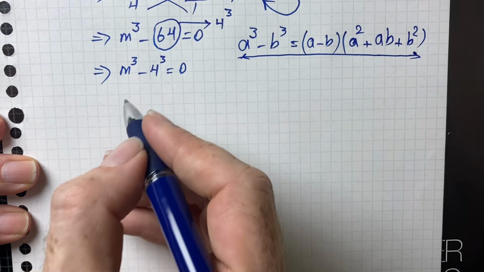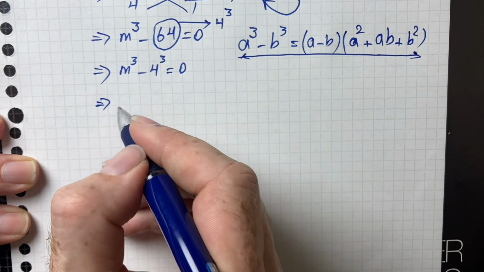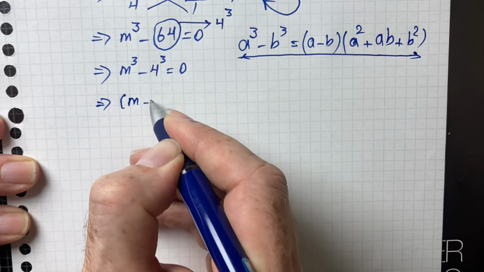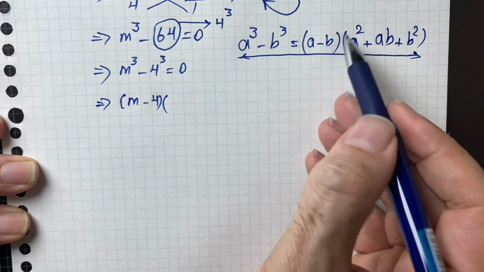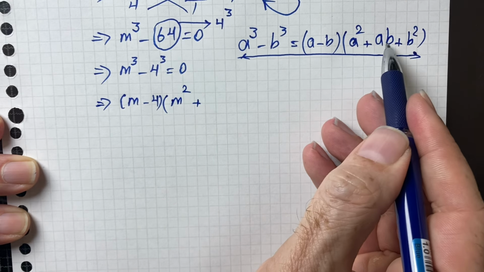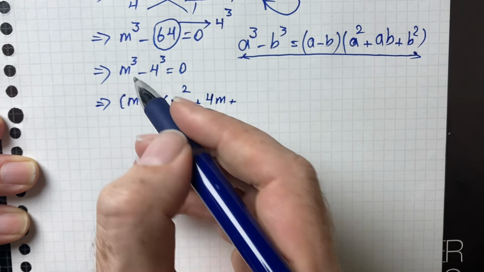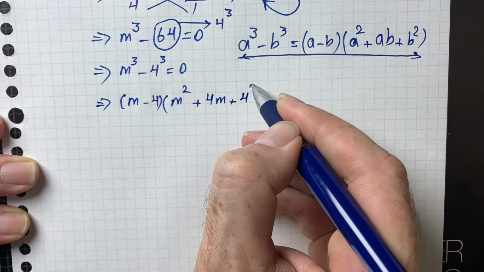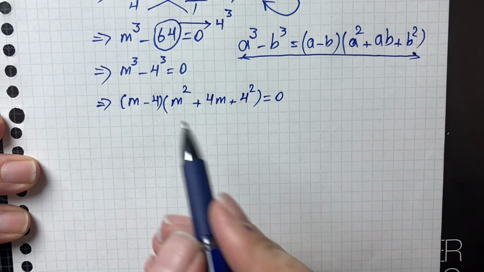Let me write it here. m cubed minus 4 cubed. So I write it m minus 4 times next first term squared, so m squared, plus product of the first term and second term, 4m, plus second term squared, 4 squared, equals 0. Good step.